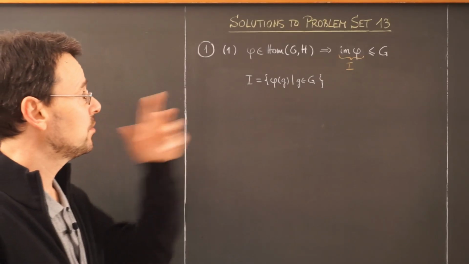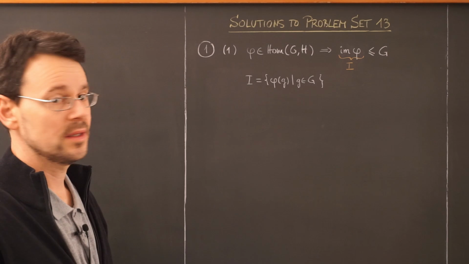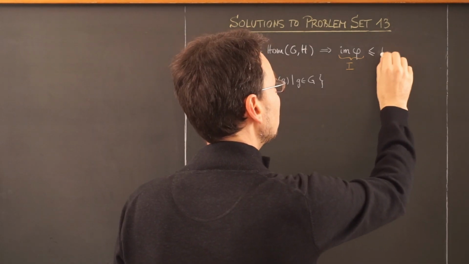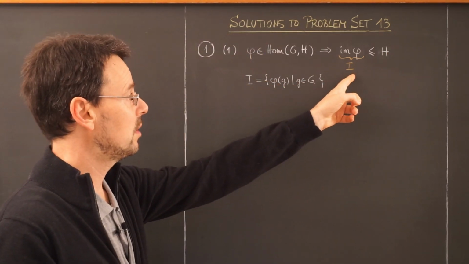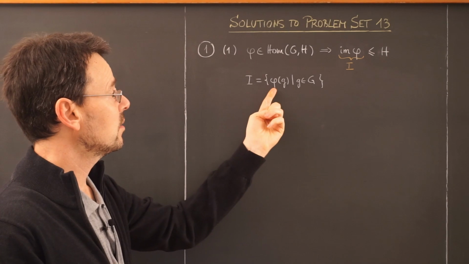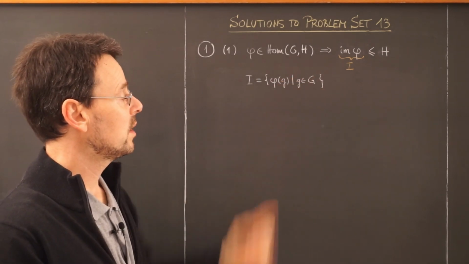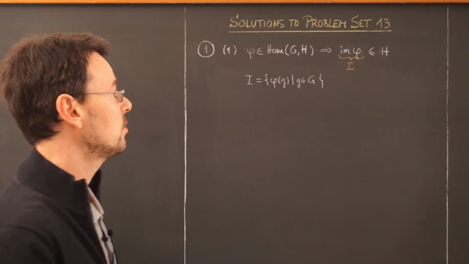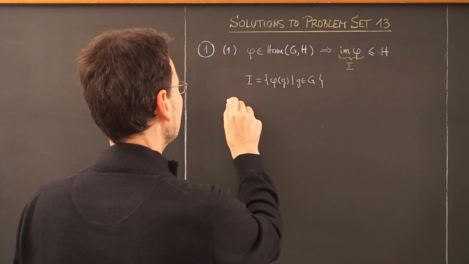Okay, next we have to show that also the image of phi is a subgroup. Then of course not of G, but of H, because by definition I abbreviate it with capital I. I consists of all these elements, phi of G, G running through the whole group G, so this is clearly a subset of H. And again, we're using the condensed subgroup criterion.